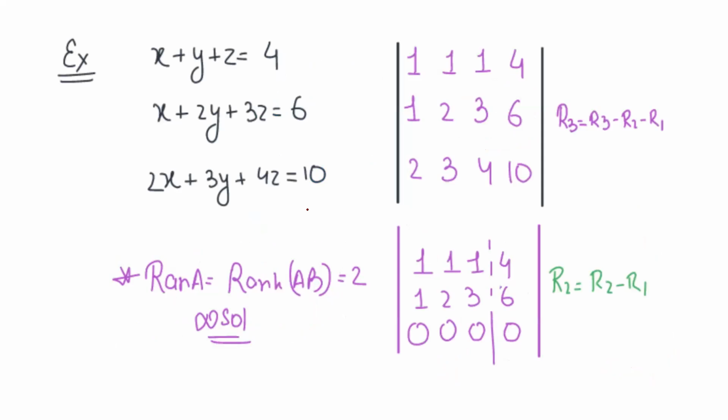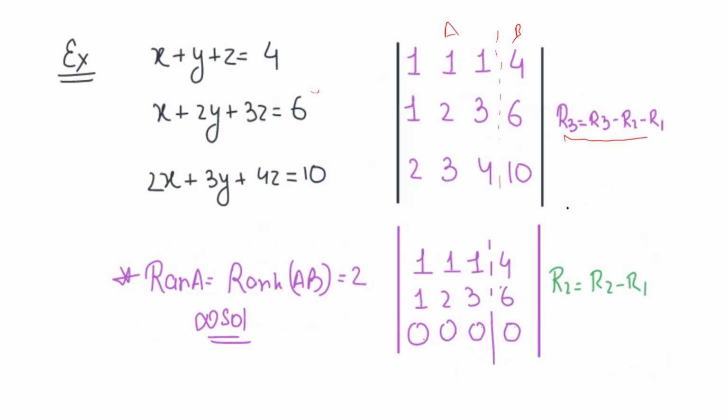Next is this question. Here we have to make this augmented matrix. This is A, and this is your b. After applying some elementary operations, we see that this row becomes 0.